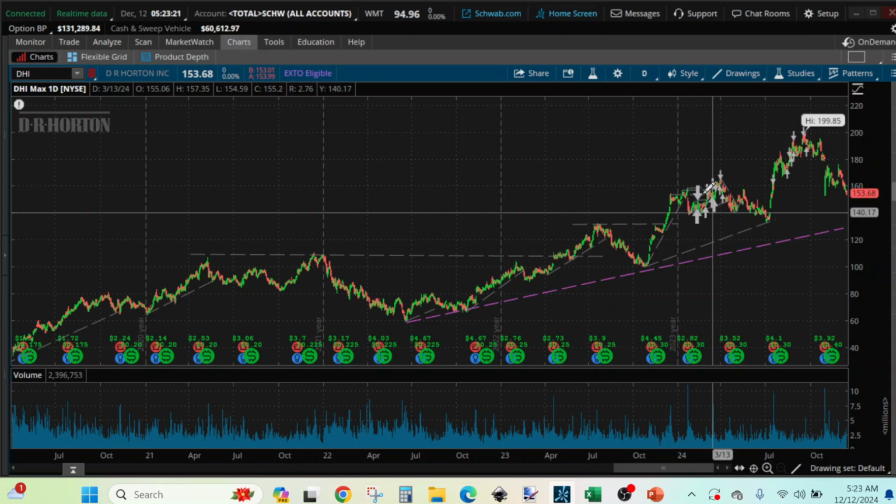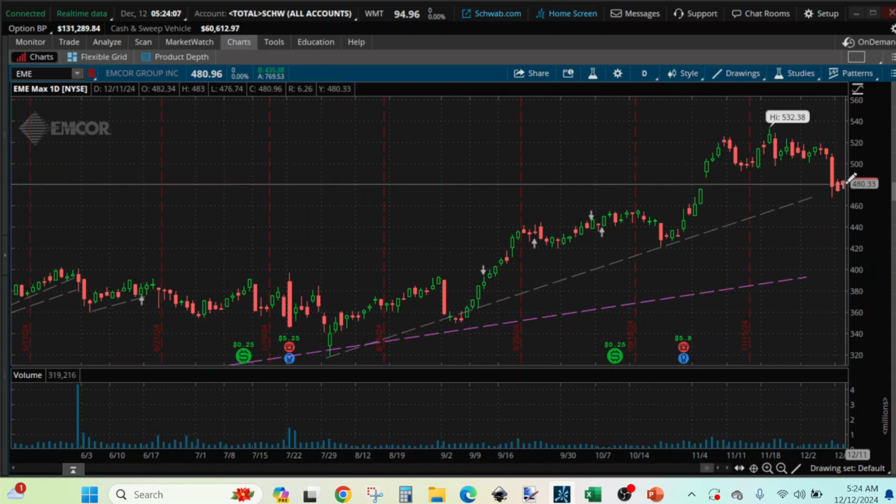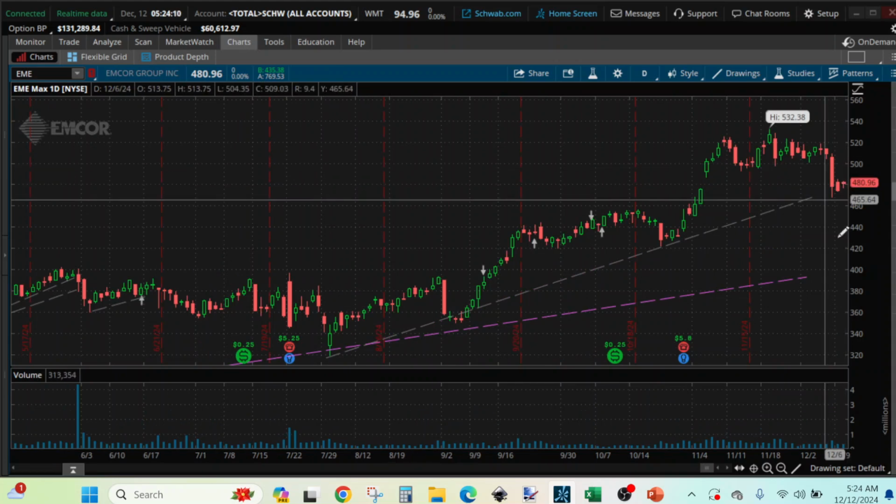So EME is on that trend line. Okay, so it seems to me that EME likes to stay longer on this trend line. See, it's pulling back, but it just doesn't want to go below it. It did that same consolidation somewhere here before it pulled back.